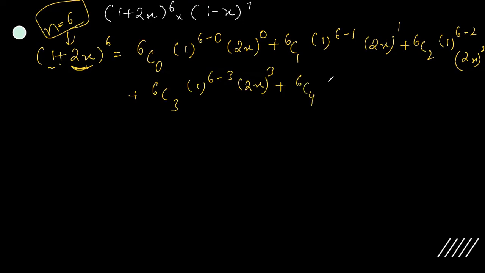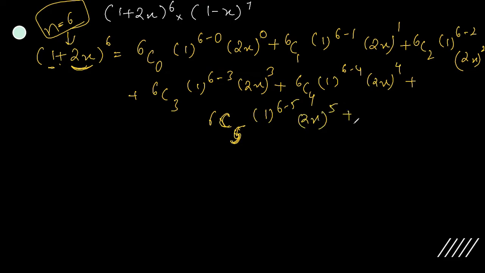Then 6C4, 1 raised to the power 6 minus 4, and 2x raised to the power 4. Then 6C5, 1 raised to the power 6 minus 5, and 2x raised to the power 5. Then last term, when r is equal to 6, so 6C6, 1 raised to the power 6 minus 6, and 2x raised to the power 6.